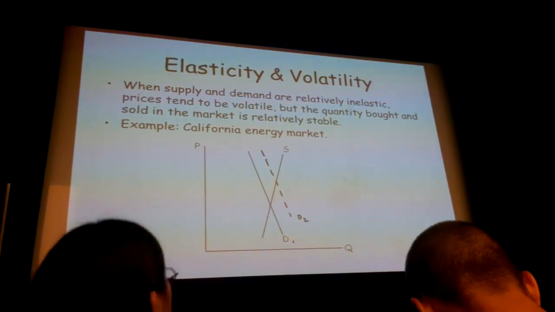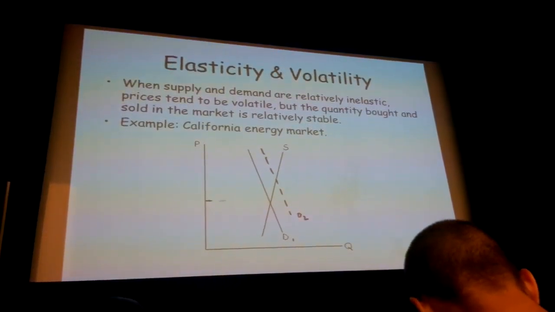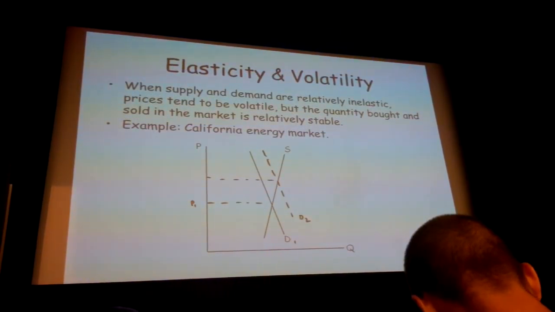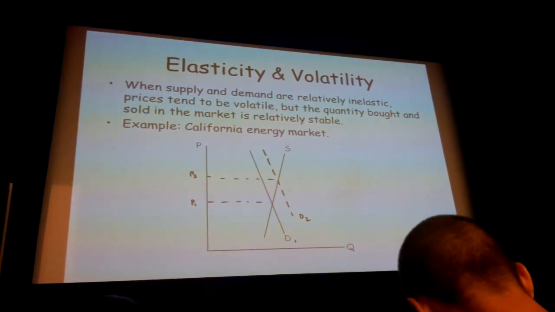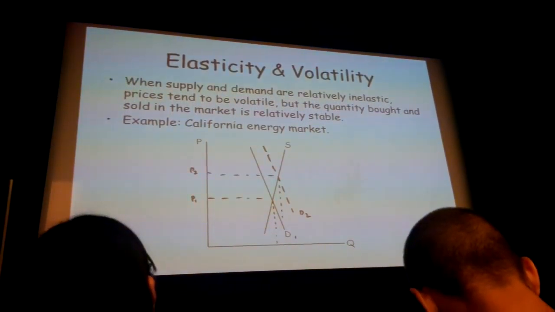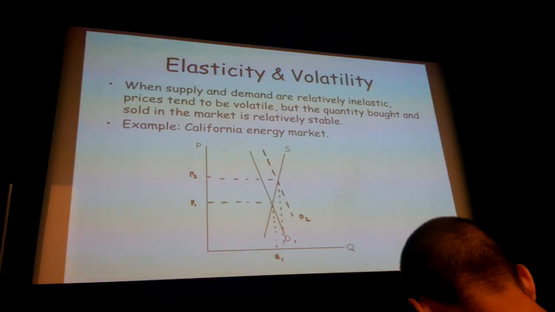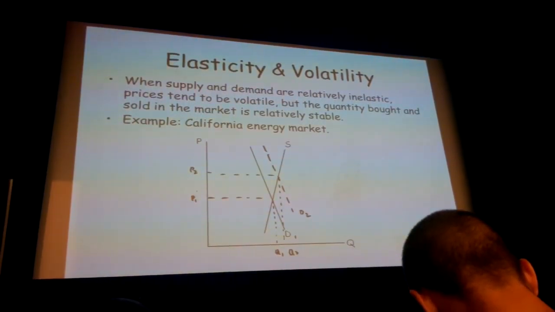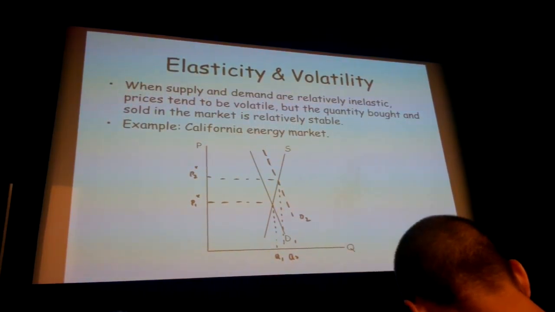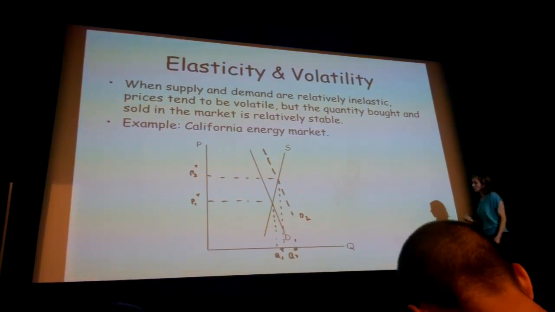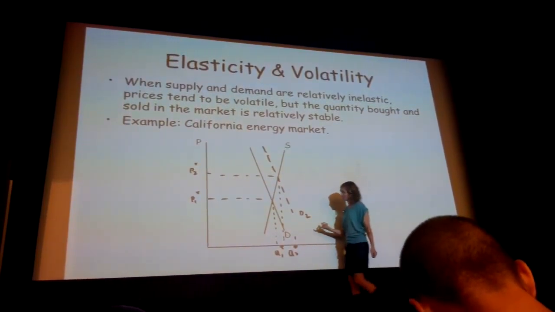We're going to get a relatively large increase in price, but a relatively small change in the equilibrium quantity. Again, this is the statement that when demand is relatively inelastic, prices tend to be volatile.